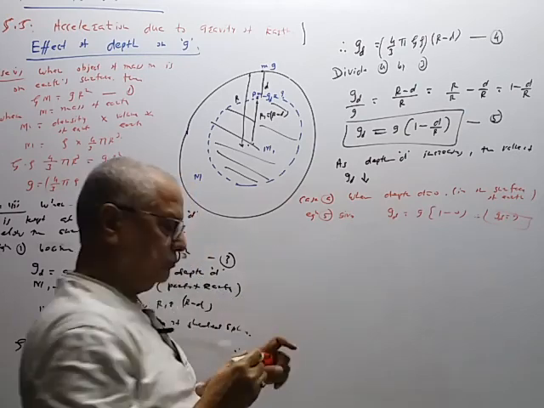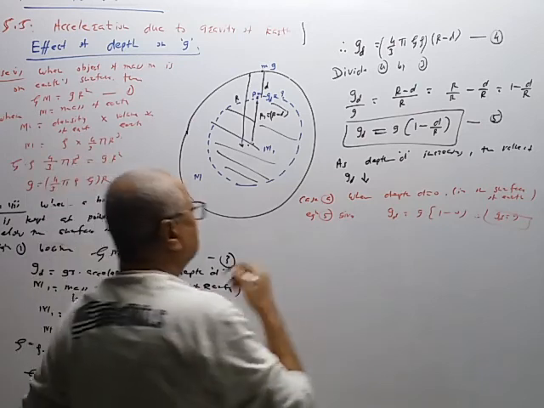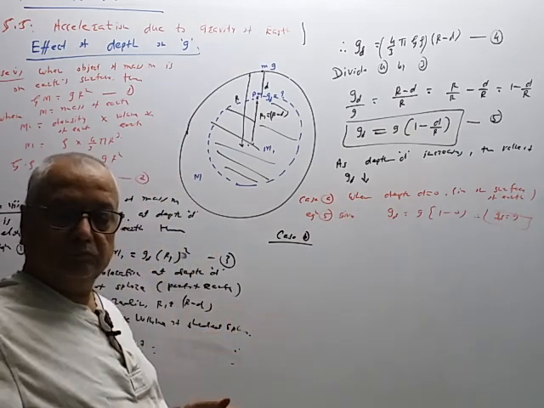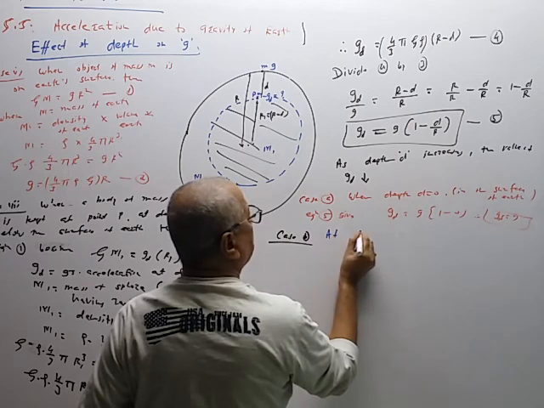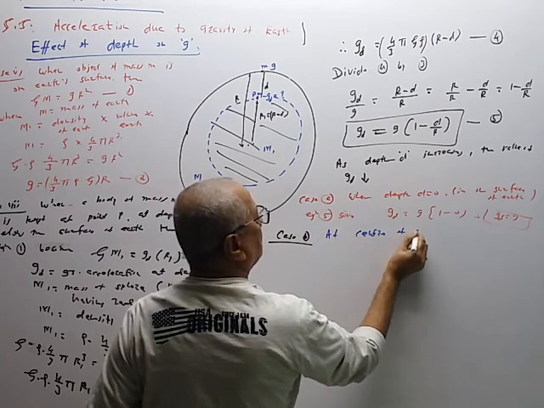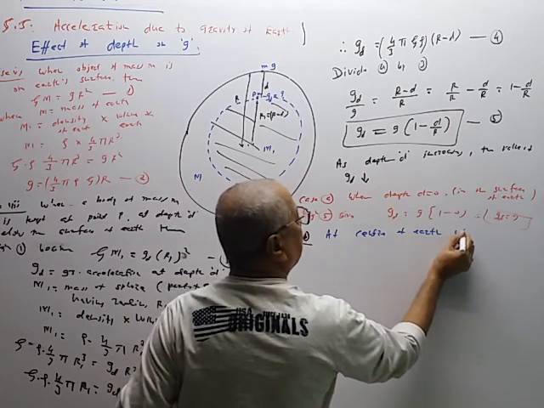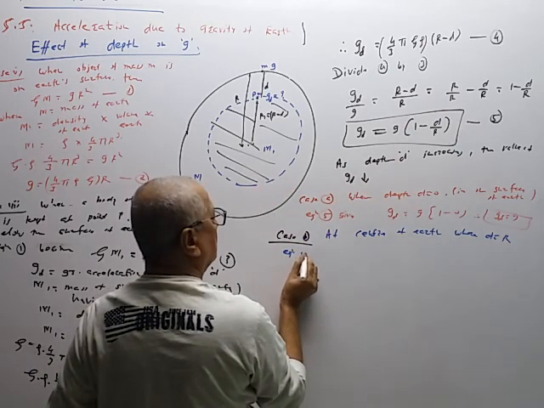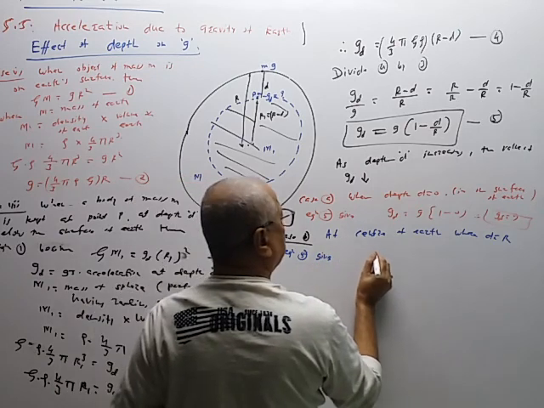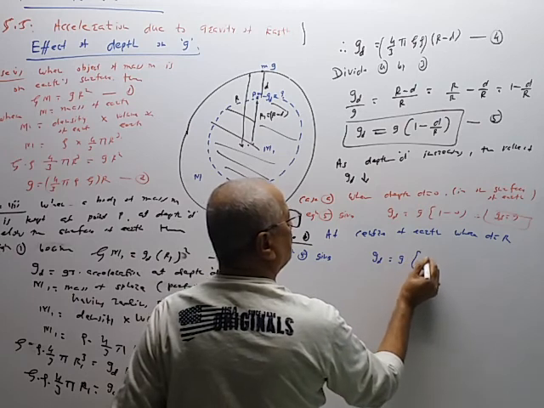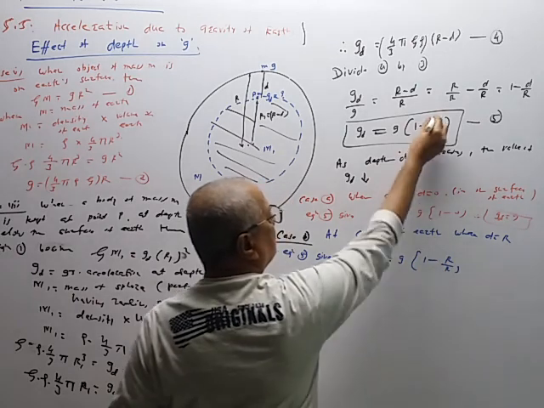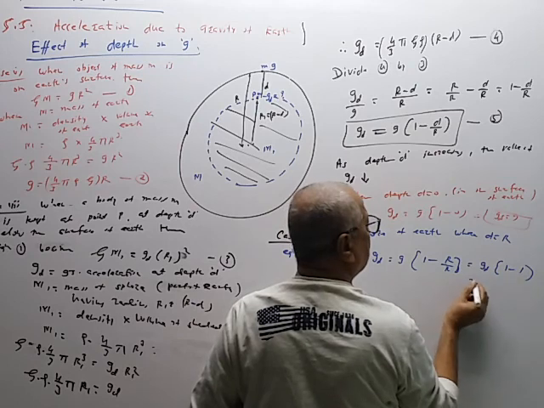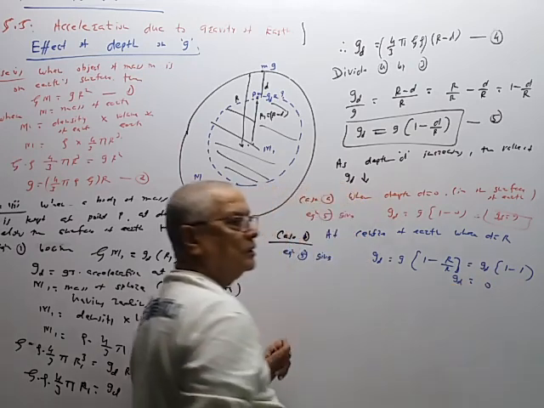Case B, at the center of earth where d is equal to R. Equation 5 gives gd is equal to g into bracket 1 minus R upon R. Put d is equal to R. So this is equal to g into bracket 1 minus 1. 1 minus 1 is equal to 0. So gravitational acceleration becomes 0.